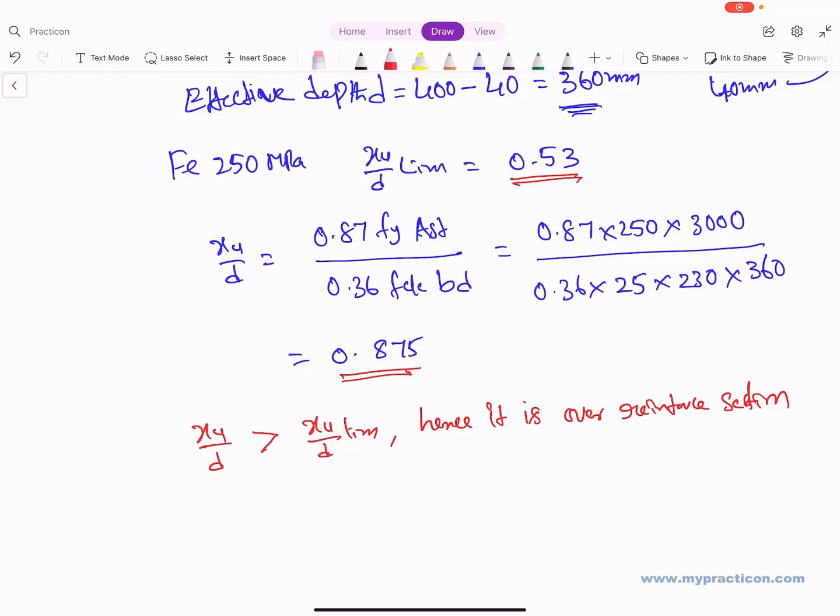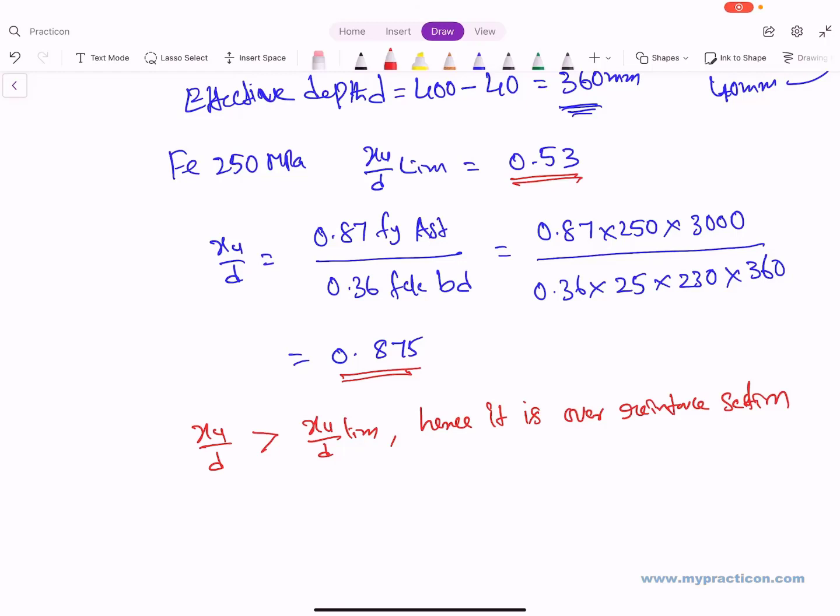Why? Because generally for reinforced concrete, the failure strain in the concrete is reached earlier than the yield strain of the steel. In simple words, the concrete fails first before the steel fails. That means we are providing over steel, right?